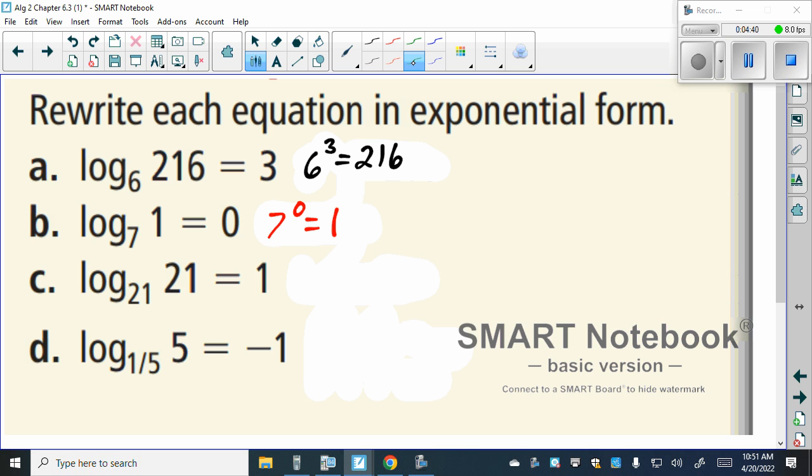Log base 21 of 21 is 1. And lastly, log base 1/5 of 5 is -1. Anytime we have these fractions to an exponent, it's good to put parentheses around it. Any questions on any of this here?